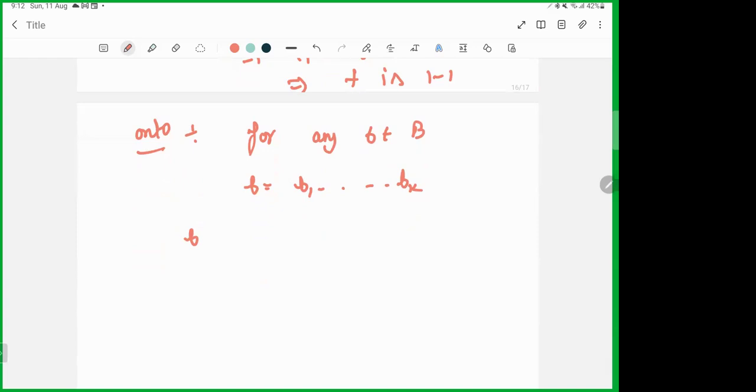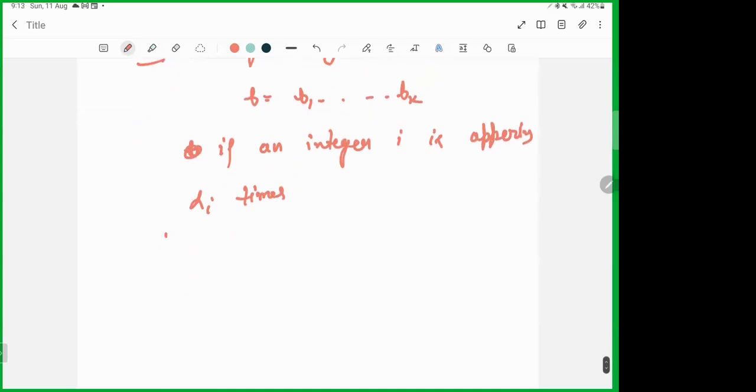So if an integer i is appearing alpha i times, then alpha i is 2 to the power i0 plus 2 to the power i1 plus, and so on, 2 to the power ik.